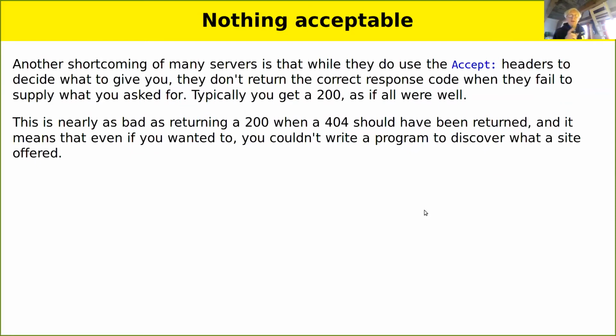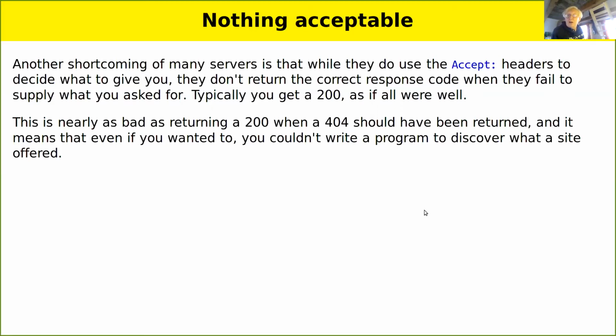Another shortcoming of servers that do accept the accept headers is that when they return something that doesn't match up with what you've asked for, they don't give you the right response code. You usually get a 200, which just says everything's okay, here's the document you asked for.